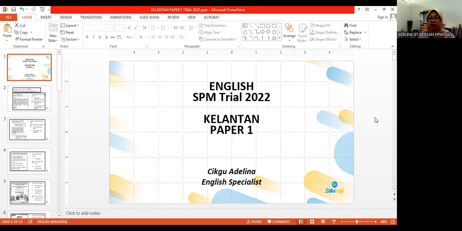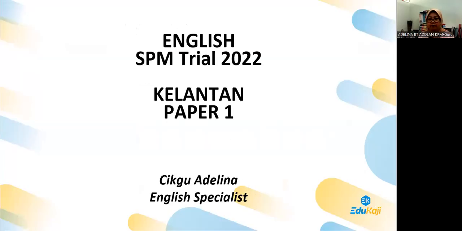Okay, without further ado, let me do some introduction of what paper one is. Paper one is the reading and use of English paper, whereby you have 40 questions, and at the end there are 8 more questions where students actually have to write down the answer.